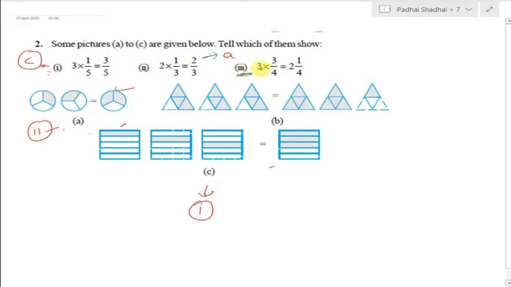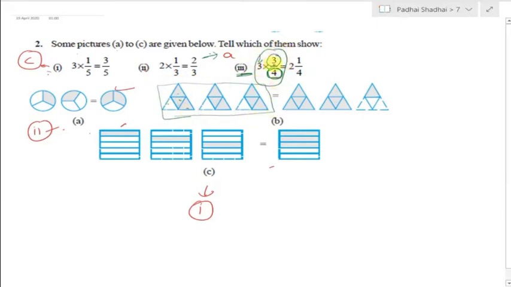We can directly say it is B, but still we will check whether the answer is correct or not. Okay, see, out of 4, 3 parts are shaded for each one, so it represents 3 by 4. The figure is divided into 4 parts, and out of 4, 3 are shaded, and there are total 3 figures, 1, 2 and 3.